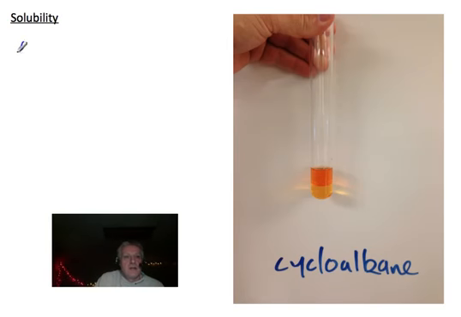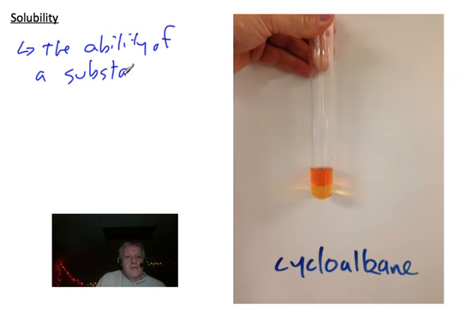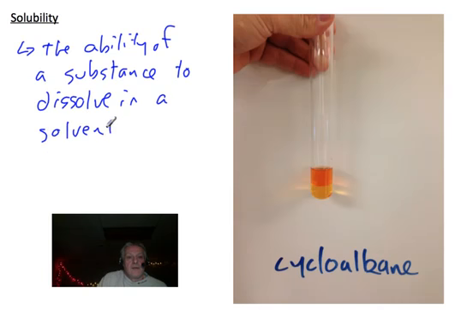And so again, solubility basically is defined as the ability of a substance to dissolve in a solvent. And by dissolve, we're basically talking about interact. And that solubility varies greatly.